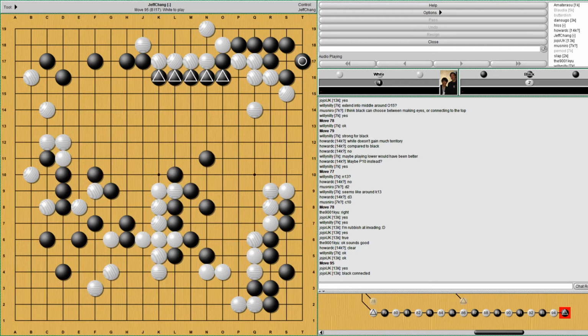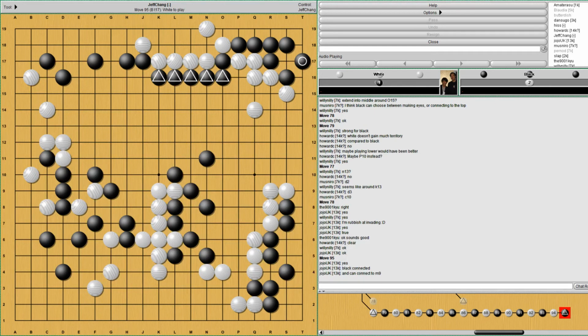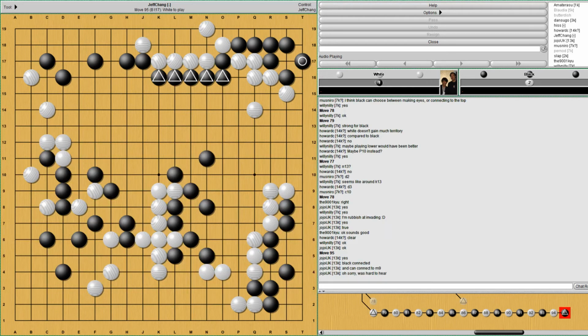Yes, black connected, but that sounds like something bad to us if we are white. But that is something good to black.